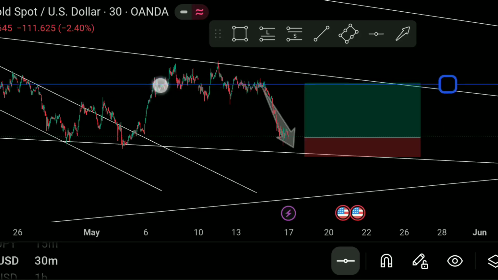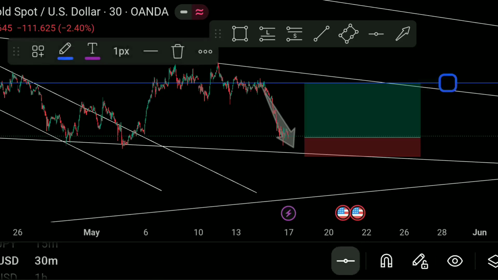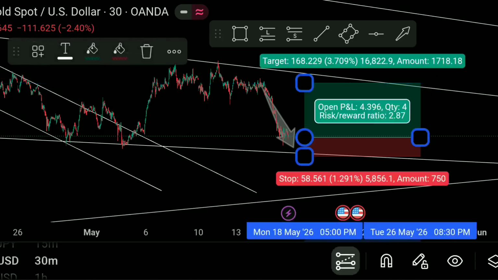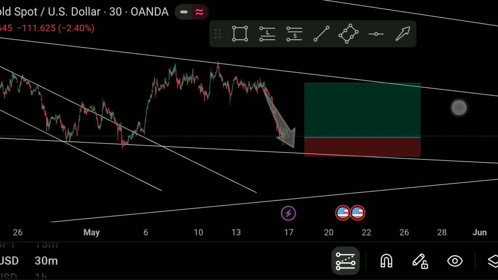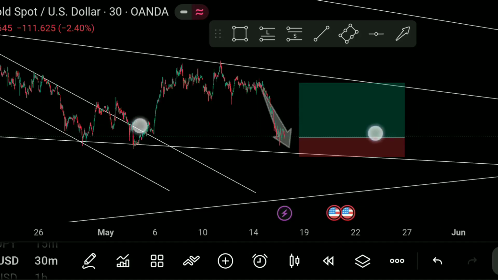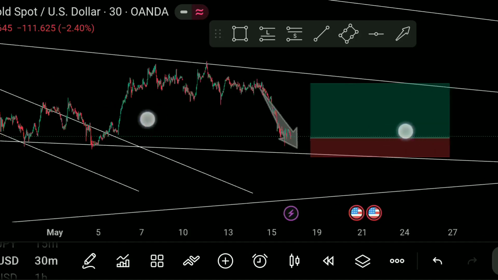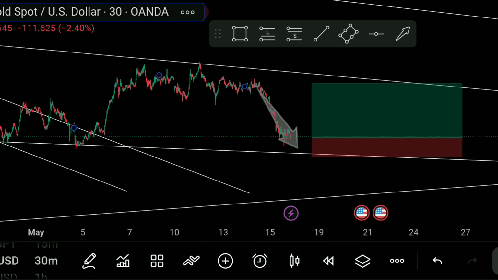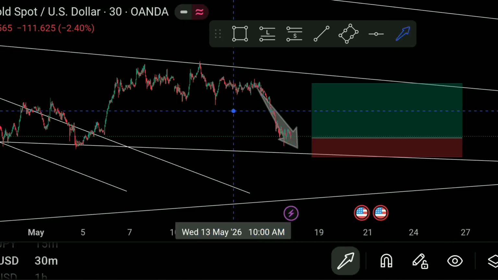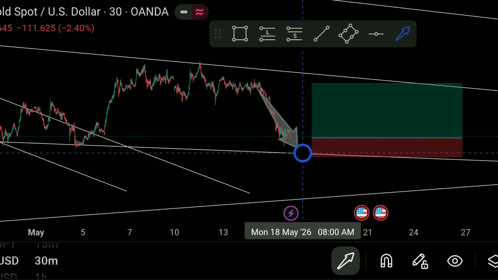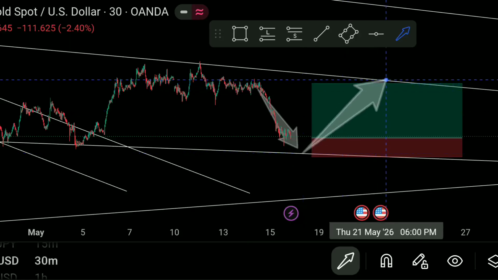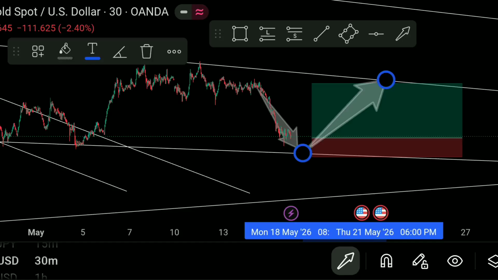You can see this ranging market. That is how our take profit will be. Let me delete this now. So you can see what we are doing now is a risk to reward of 1 to 2.87, right? So this is probability. This is probability that it is going to come down, then start going up after I've seen my confirmation, right?